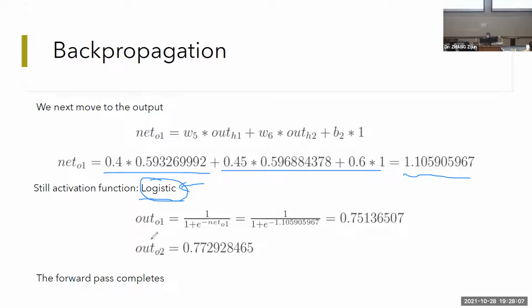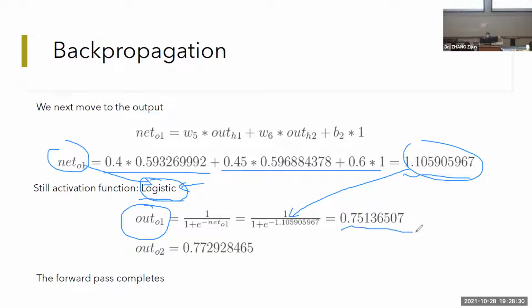So then next, this net O1 will be fed into this logistic function-based activation function. Then we get the output from the upper node, where we plug this 1.1059 into this formula.